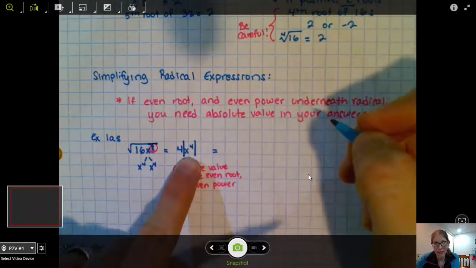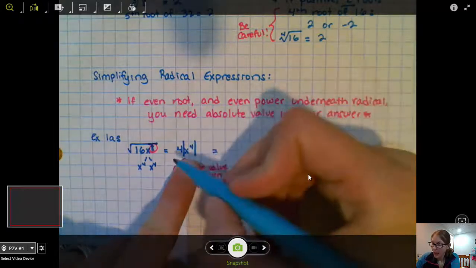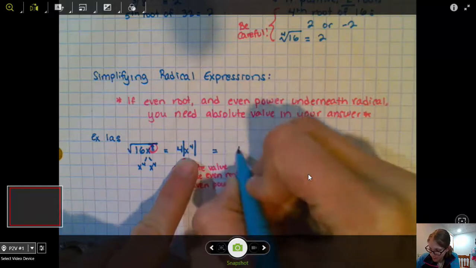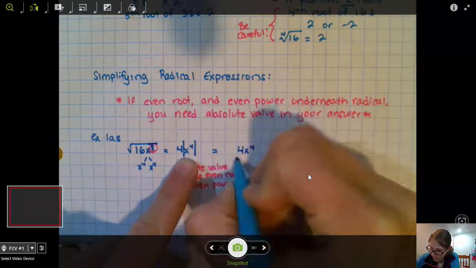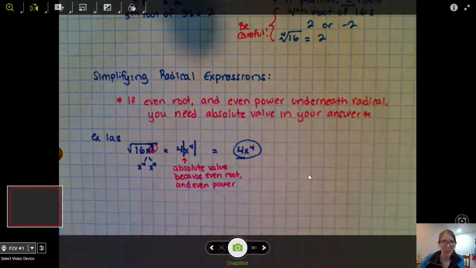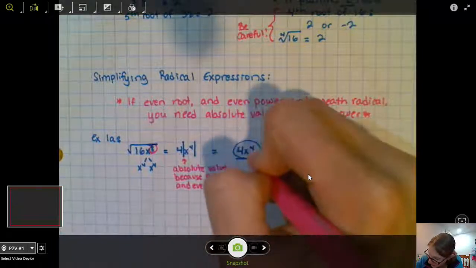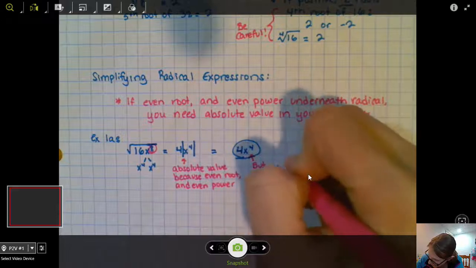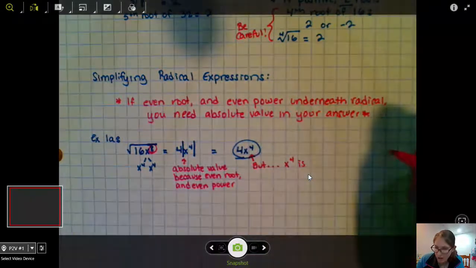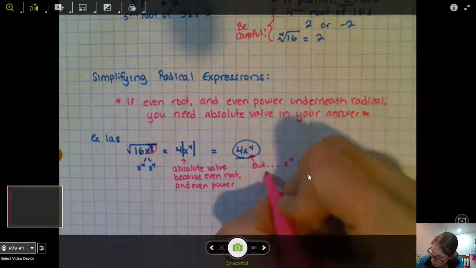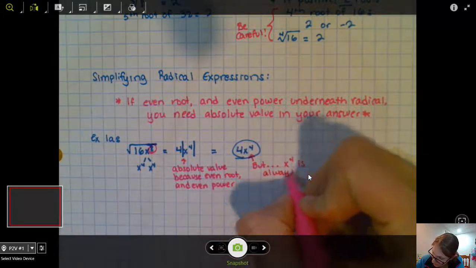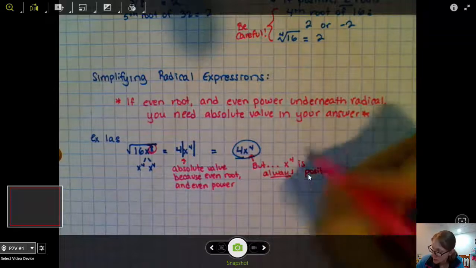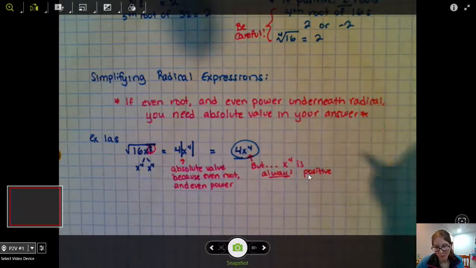Even if x was a negative number, to the 4th power is still going to be positive. So I really don't need those absolute value bars there. So add my extra little note here: x to the 4th is always positive. So including those absolute value bars would be kind of redundant.